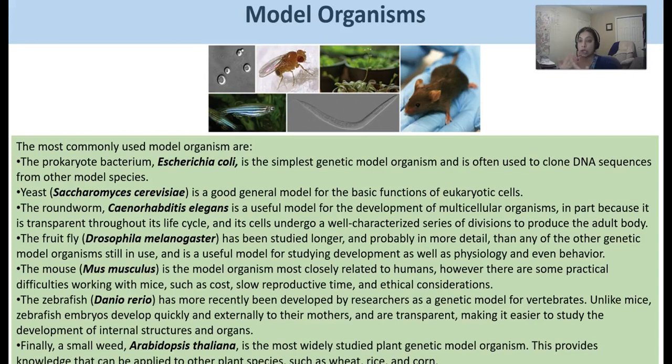Another, a relatively new model system that people have come up with, is the zebrafish, Danio rerio. And this is great again for examining development in a vertebrate organism, as opposed to C. elegans, which didn't have that. Unlike mice, zebrafish grow quicker.